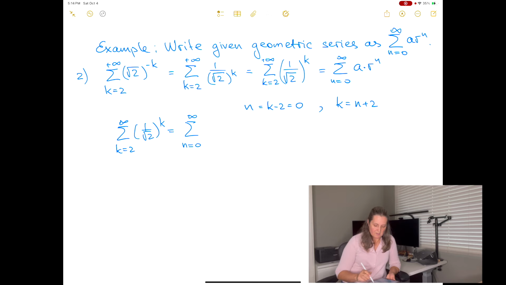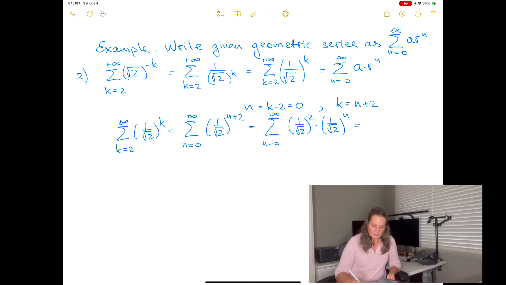If instead of k we'll write n plus 2, then our index n starts from 0 to infinity, and 1 divided by square root of 2 would be raised to the power n plus 2. Using properties of exponents, we can write 1 over square root of 2 raised to the power n plus 2 as 1 divided by square root of 2 squared times 1 divided by square root of 2 raised to the power of n.